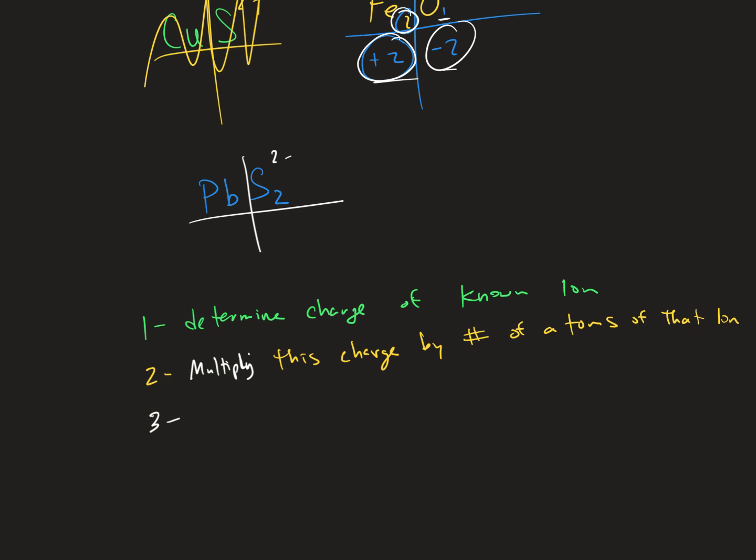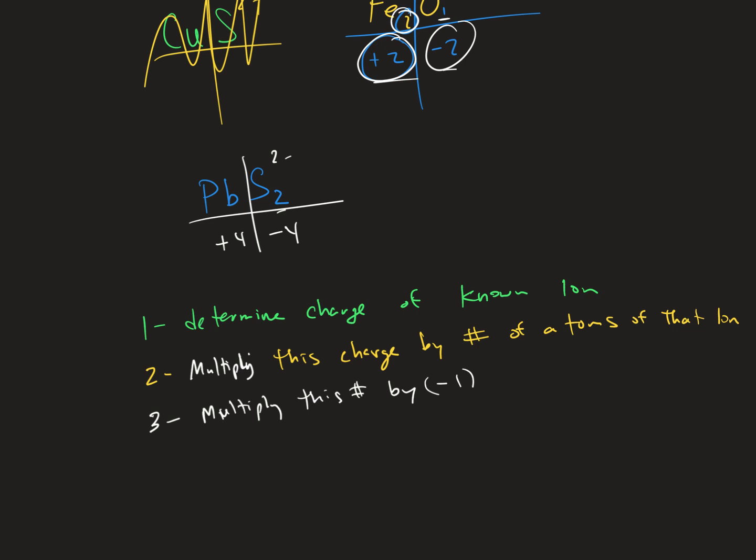So we multiply the -2 times the 2, and we get -4. And then step 4 would be multiply this number by -1. And -1 times 4 is +4, right?